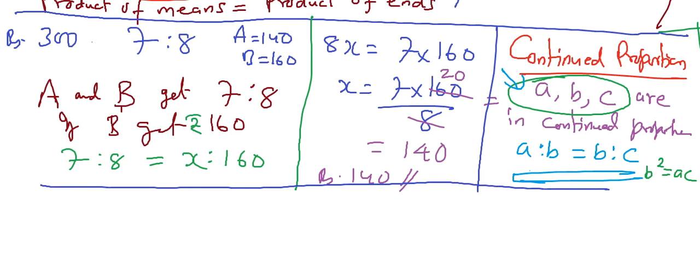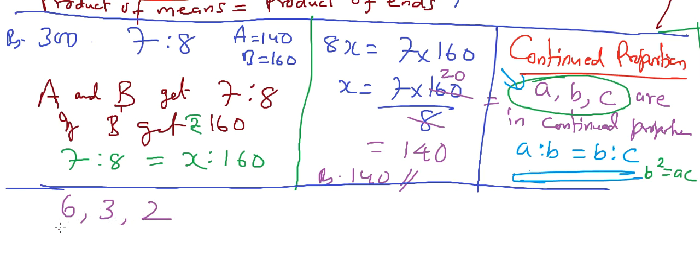How to check whether any three given numbers are in continued proportion or not? Let's say 6, 3, 2. Do these three numbers form a continued proportion? Let's check.